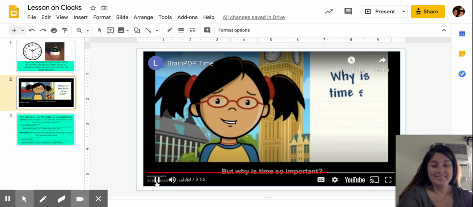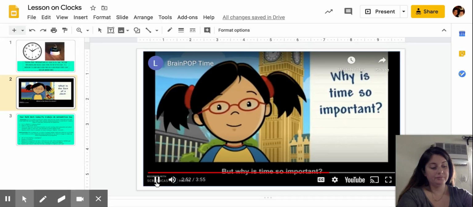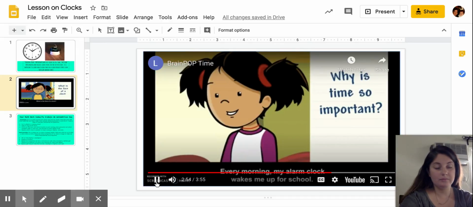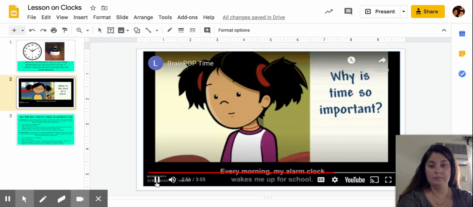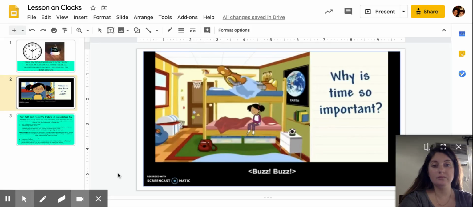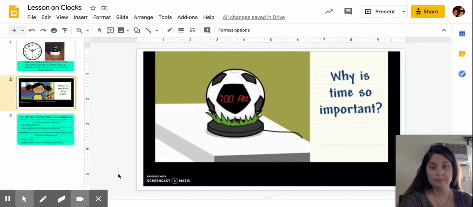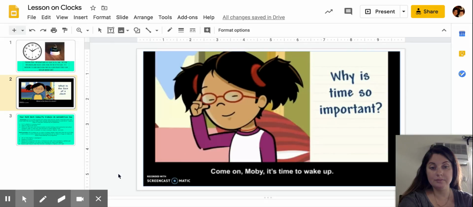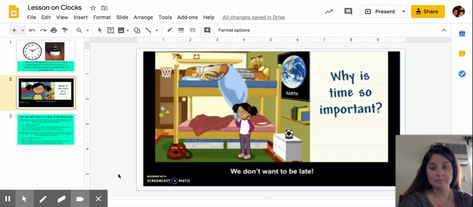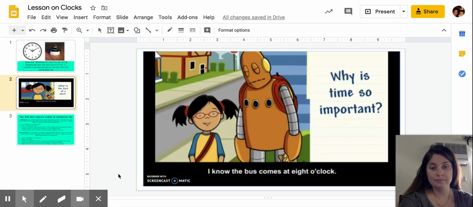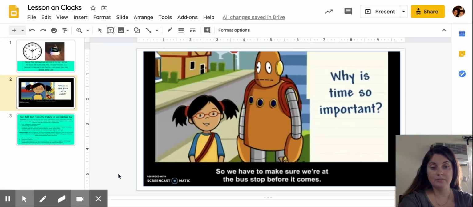But why is time so important? Every morning my alarm clock wakes me up for school. Come on, Moby, it's time to wake up. We don't want to be late. I know the bus comes at 8 o'clock, so we have to make sure we're at the bus stop before it comes.